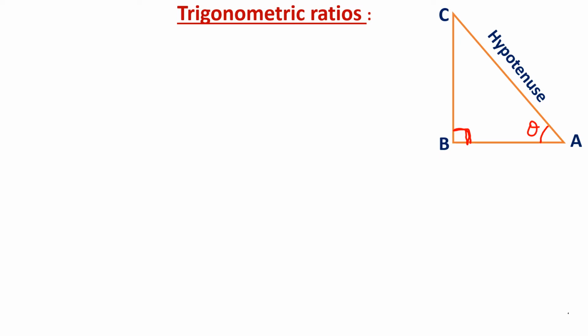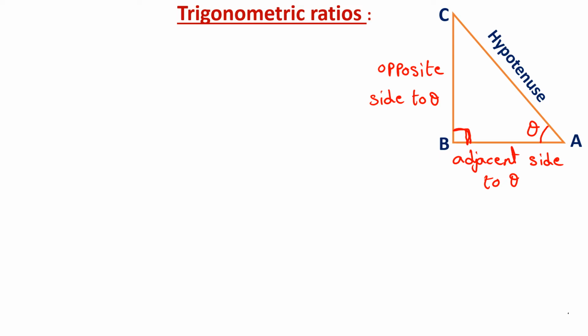The side opposite to theta is BC, the opposite side to theta. AB is the adjacent side to theta. AC is the hypotenuse.